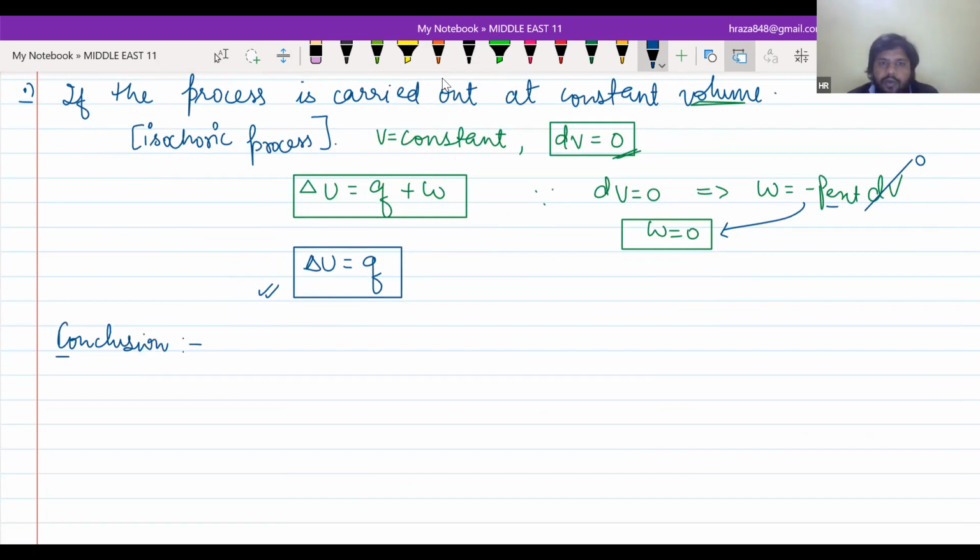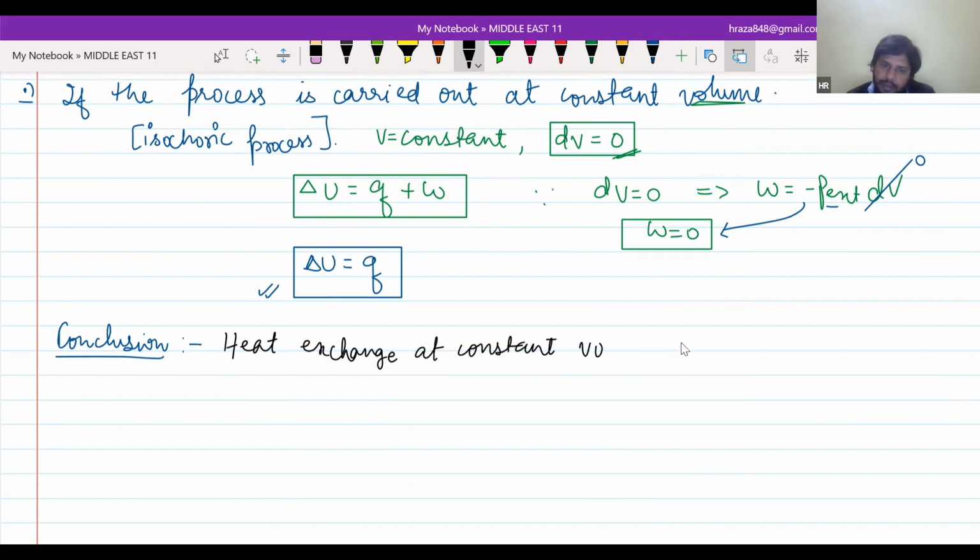So the conclusion, you will write the conclusion, let me finish first. The conclusion is: heat exchange at constant volume. Since the volume is constant, no work will be done.